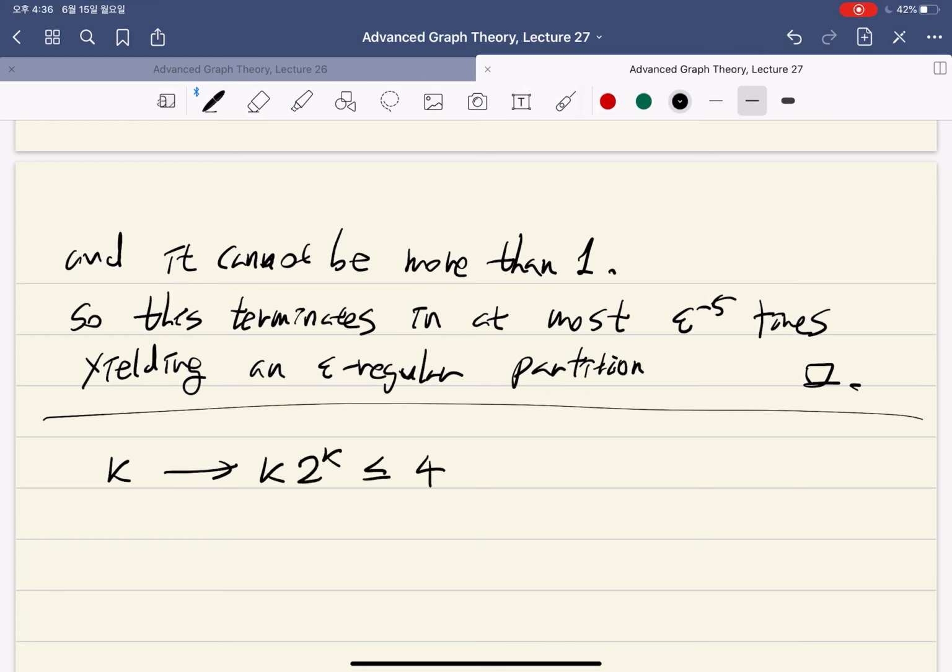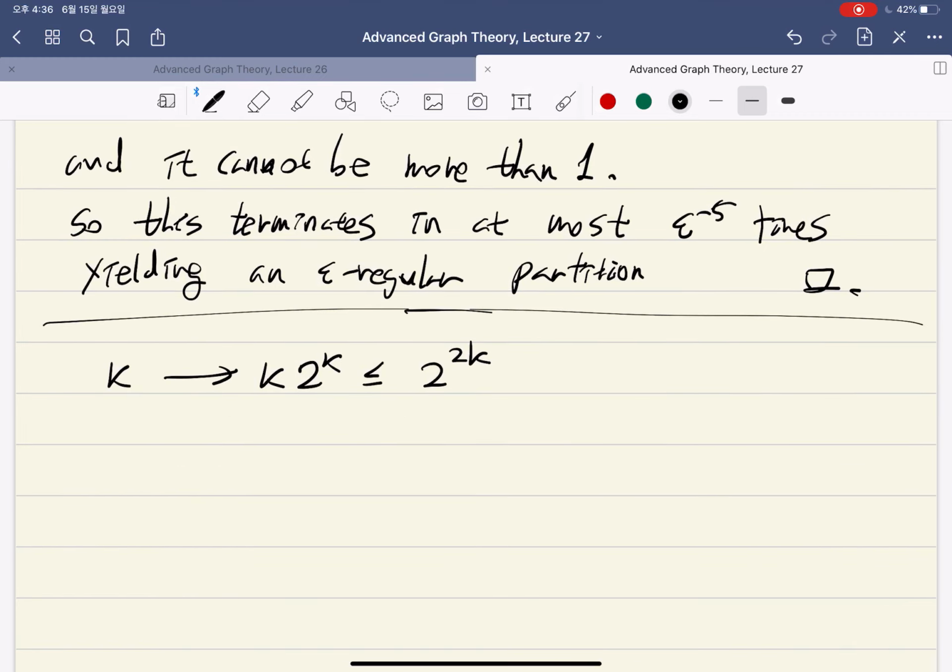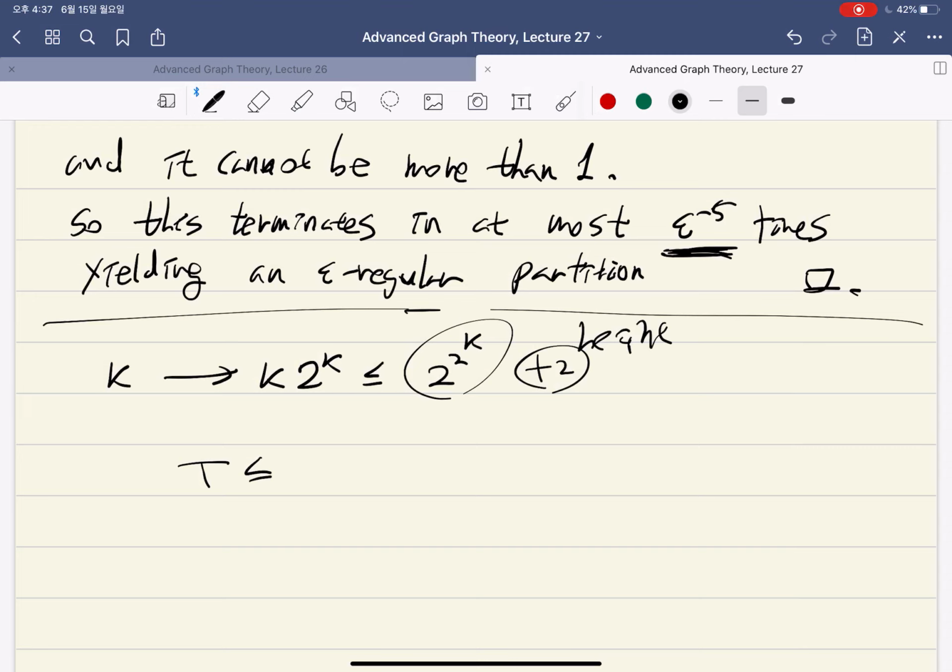Let's say it's at most 4 to the k, which is far less than 2 to the 2 to the k. So you do this many times. Every time your height increases by 2 in the tower, and you have to do this many times. So you show that the final partition has a size at most a tower of 2 of height epsilon to the negative 5.